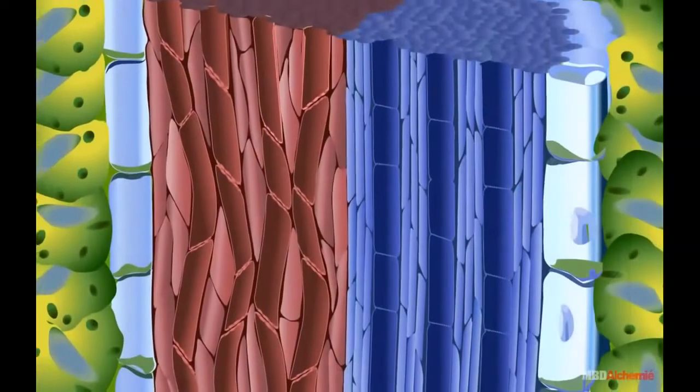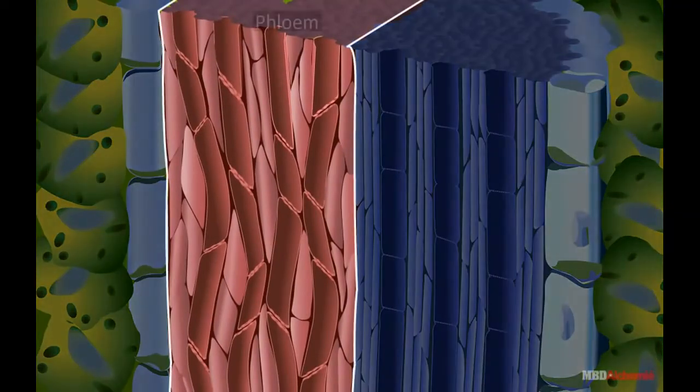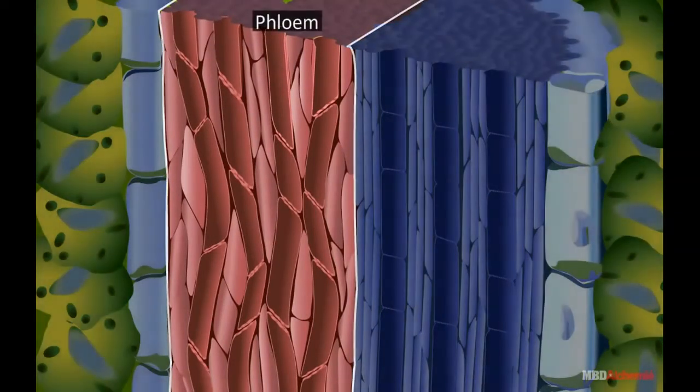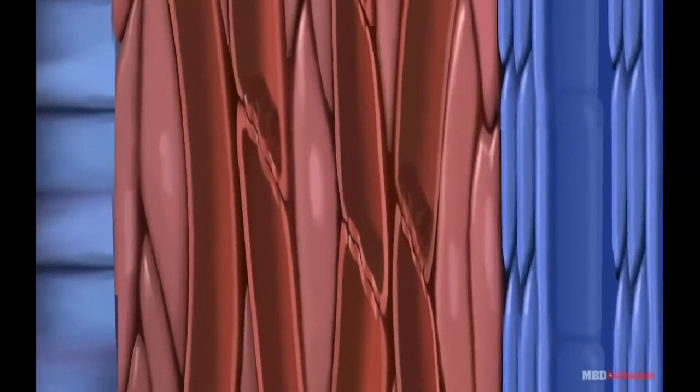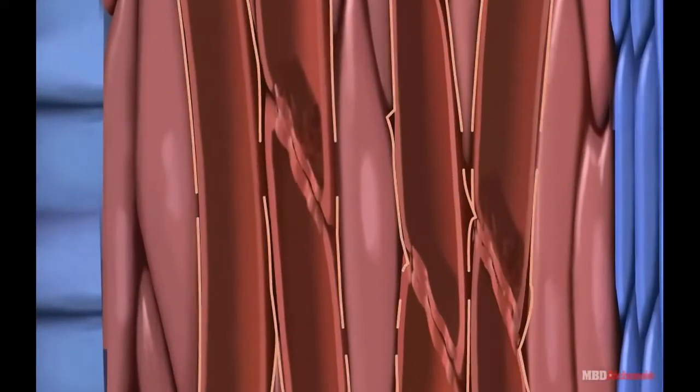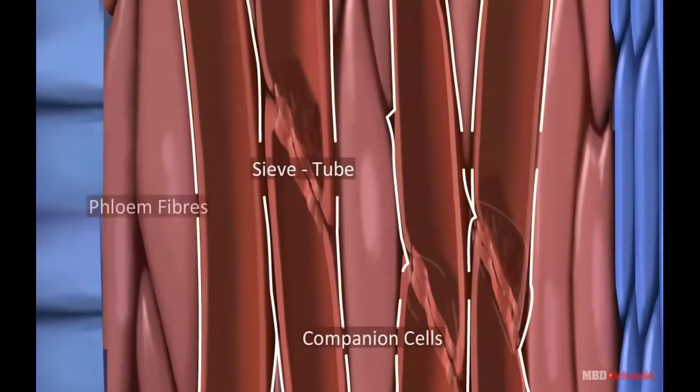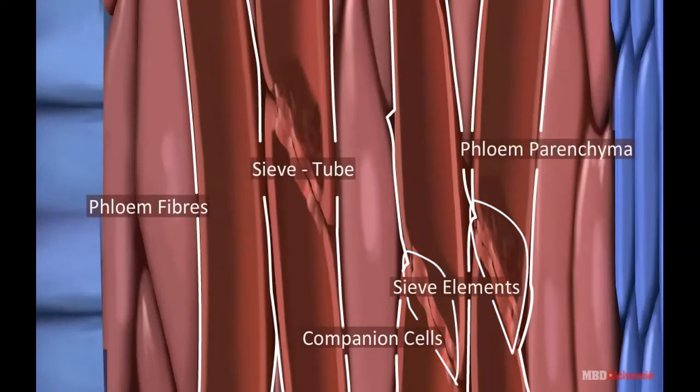The other main vascular tissue is phloem. Phloem transports carbohydrates that are produced in the leaves to cells in the root and stem. Phloem is composed of sieve tubes, companion cells, phloem fibers, and phloem parenchyma. Sieve tubes are elongated tube-like cells. These are placed end to end. They are thin-walled and have larger lumen.